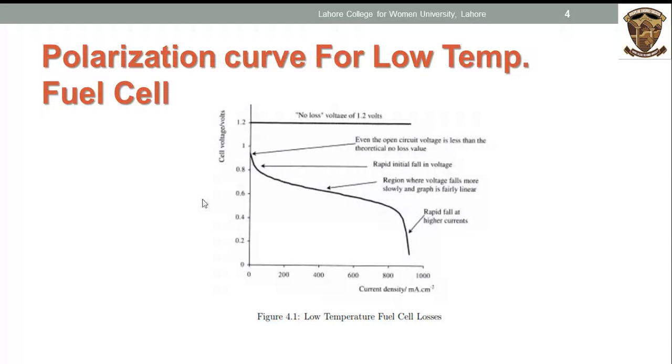Like in the start, from here, this is 0.8, then it is 1, then it is 1.2. So there is a loss in this range, 0 to 100 milliampere per centimeter square. Then again, this curve is not straight, it is sloping. So again there is a loss in the voltage for low temperature fuel cell.